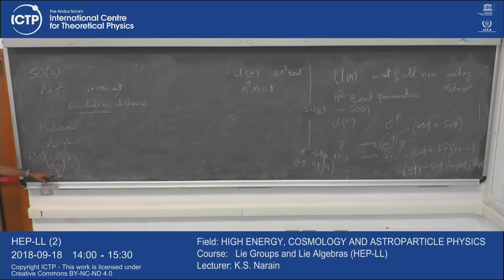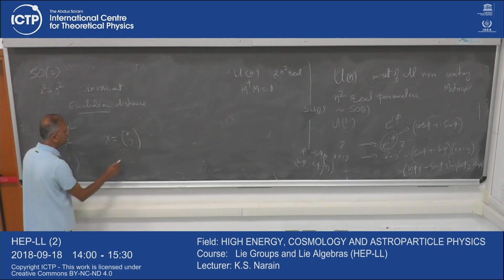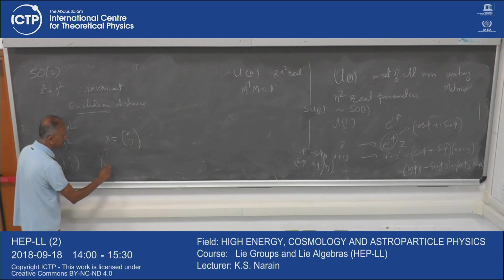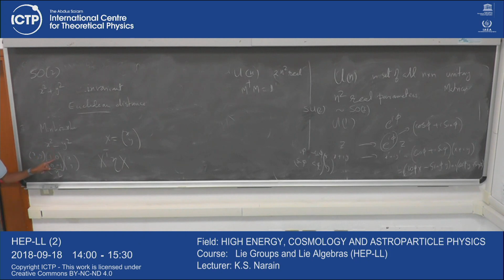This is the Minkowski metric, eta. If I call capital X as (x, y), then this length squared is nothing else but X transpose eta X. X transpose is that, and eta is this metric times X.